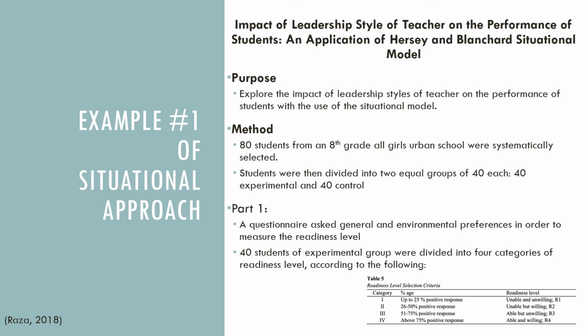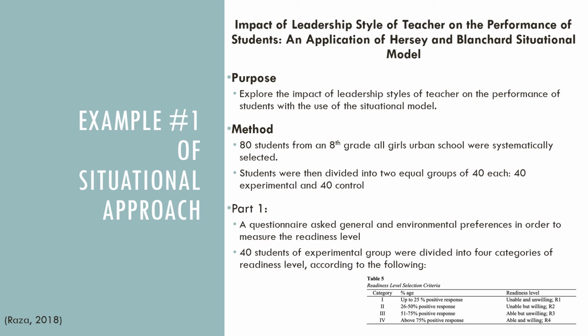In the first part of the study, a questionnaire asked about general and environmental preferences in order to measure the readiness level of the students belonging to the experimental group. Based off of these results, 40 students from the experimental group were divided into four different categories of readiness according to the following criteria, which you can see on the bottom right of the slide.